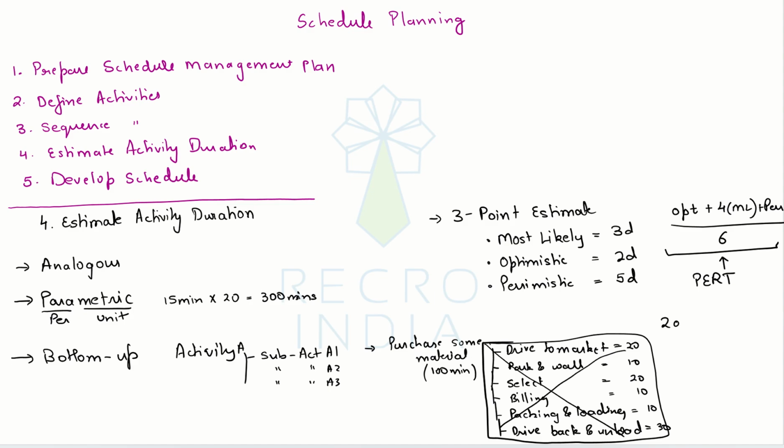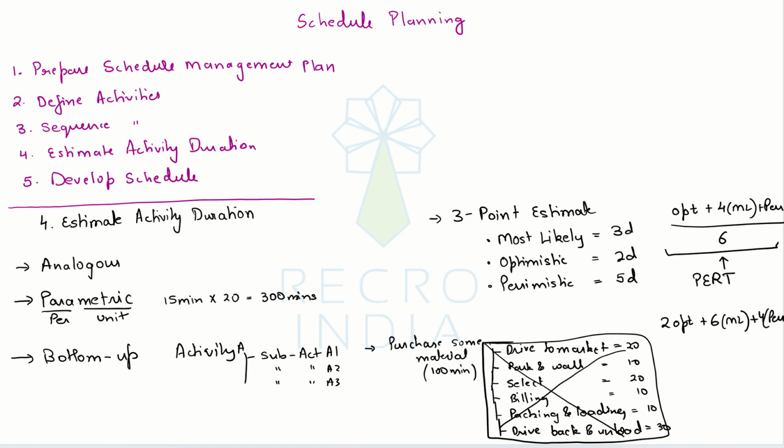Say for example, I'll put a weight of 2 on optimistic. Fine. Most likely has 3 times more chances of happening, so we are putting a weight of 6 on most likely. And pessimistic has twice the chances of optimistic happening, so we can put a weight of 4 here.